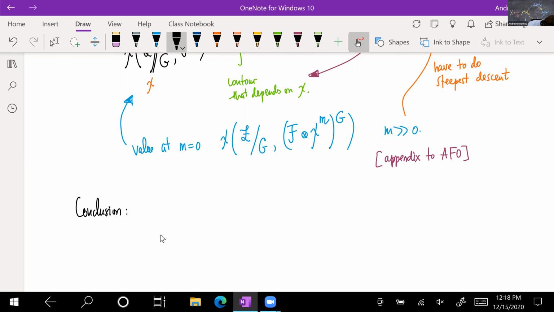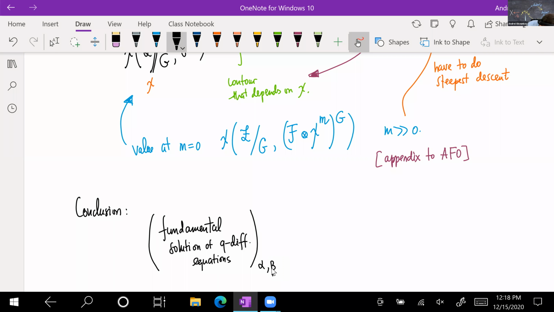Then the fundamental solution of our K-difference equation, so it's some matrix, has some parameters alpha and beta, or maybe I'll take the fundamental solution and take its matrix elements alpha, beta.